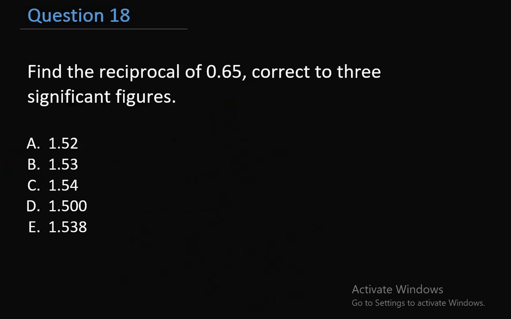Alright, question 18. Find the reciprocal of 0.65 correct to 3 significant figures. Okay, so 0.65 is the same thing as an ordinary fraction. You move the decimal 2 places and it will give us 65 over 100.